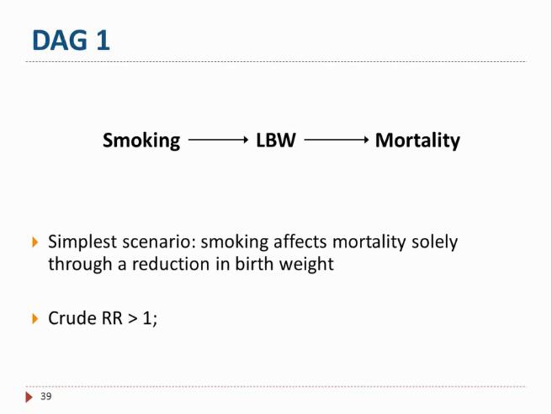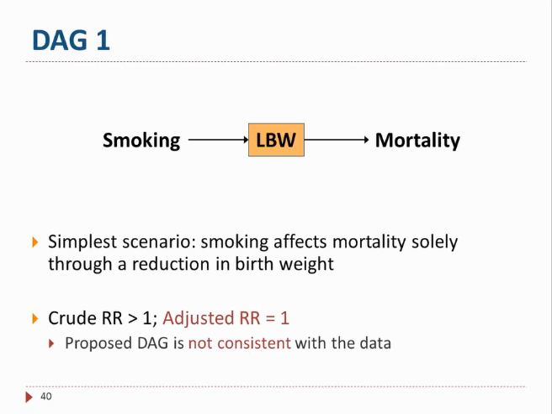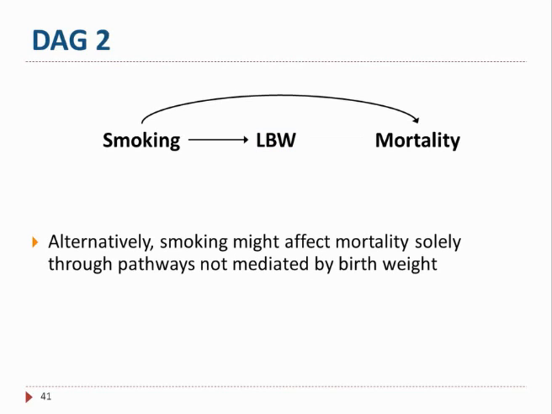And so if we were to look at the effect of smoking on mortality, we'd see that smoking is harmful for mortality, which is what we would expect. But if this is what is going on, when we adjust for low birth weight, there's no other way that smoking can affect mortality. So when we adjust, we would expect the risk to be null, for there to be no effect. But really, when we adjust for low birth weight, we still see that there's some effect. So this particular DAG is not fully consistent with the data.